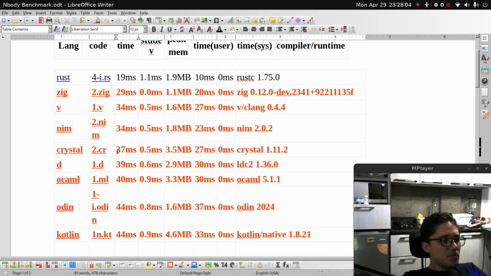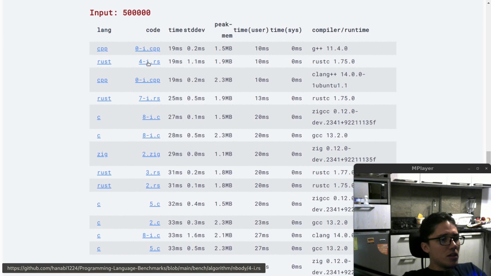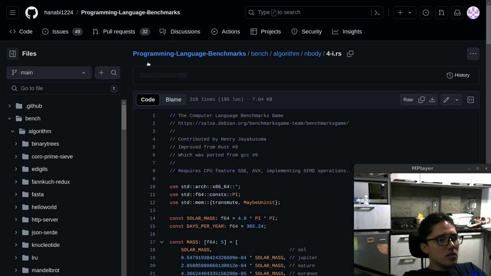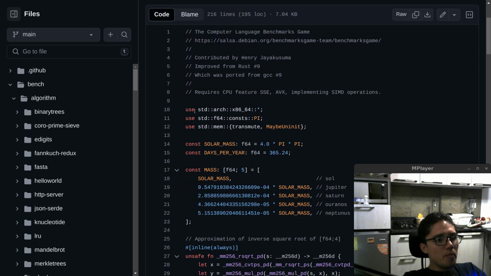Now the syntax of these guys, we will check the syntax. Okay, so let's first go to Rust, which is for IRS. Okay, so we go for IRS, and right here we can see Rust code. Here you have the architecture.